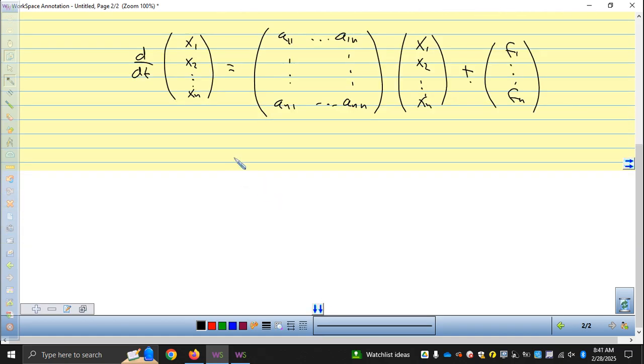And in more compact form, we write X prime equals AX plus F. I'm using capital letters here to denote matrices.